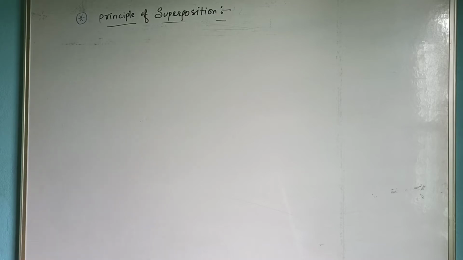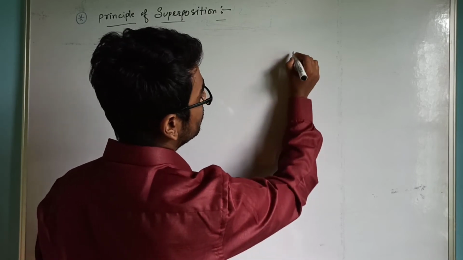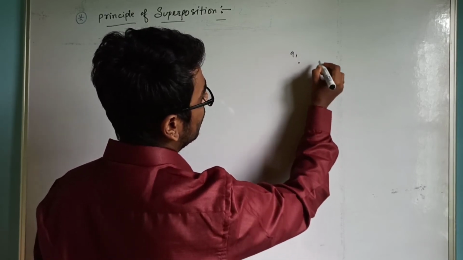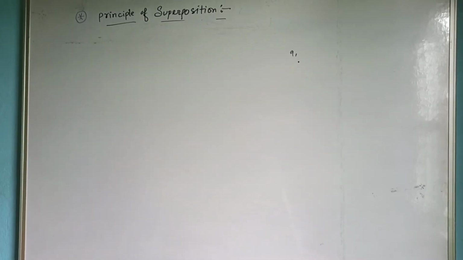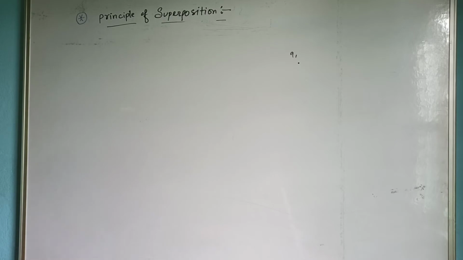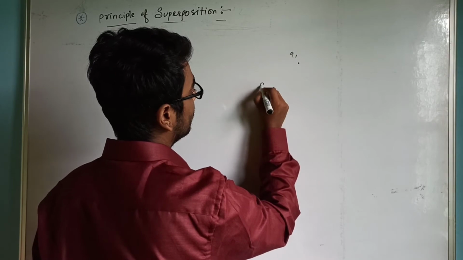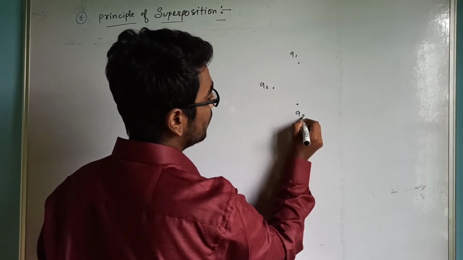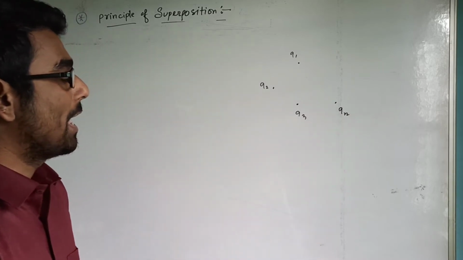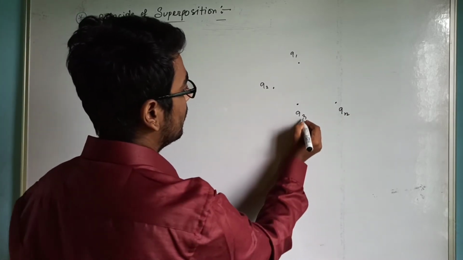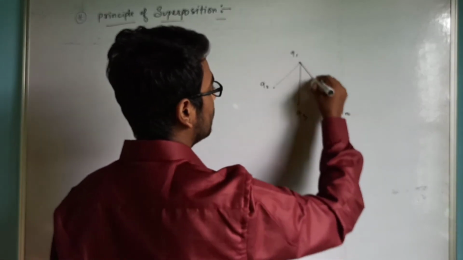The principle states that, okay, let me introduce a figure. Suppose this one is Q1, here exists Q2, suppose here Q3, and in a similar way there exists Qn, n number of charges. In that case, the force will exist between all the charges.